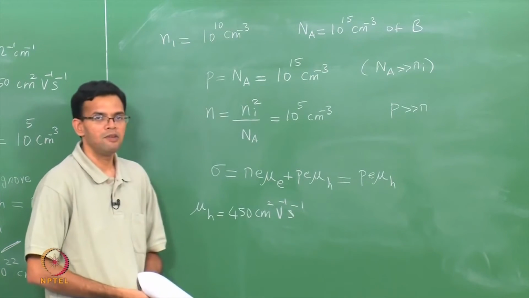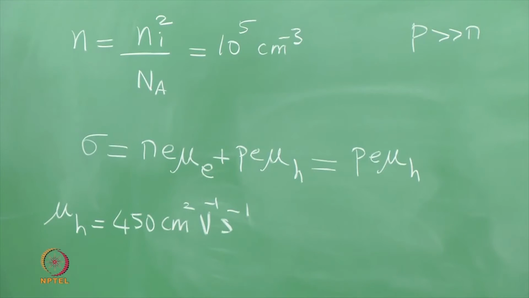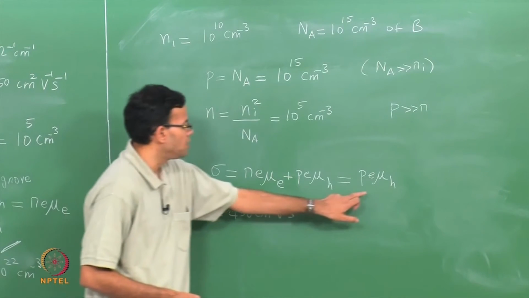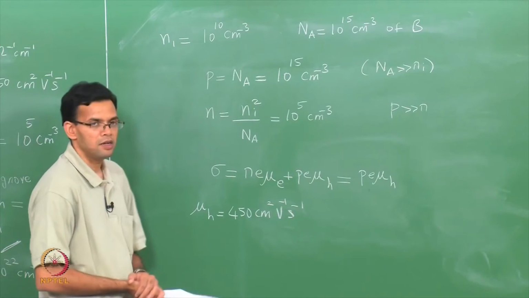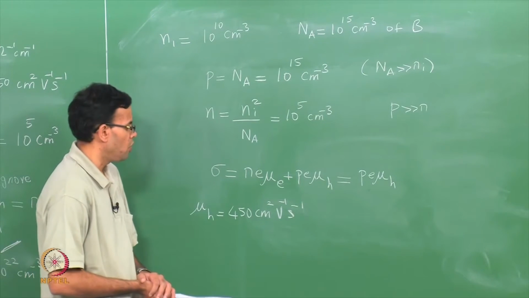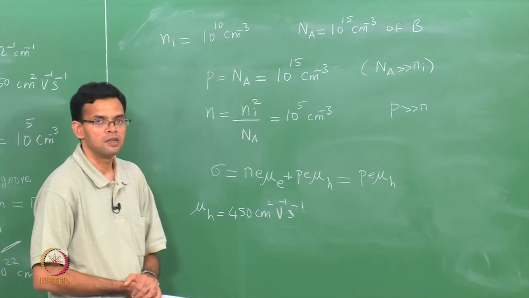So, the conductivity will be slightly lower than that of an n-type dopant because of the difference in mobilities, but it will still be 5 orders of magnitude higher than the conductivity of intrinsic silicon.